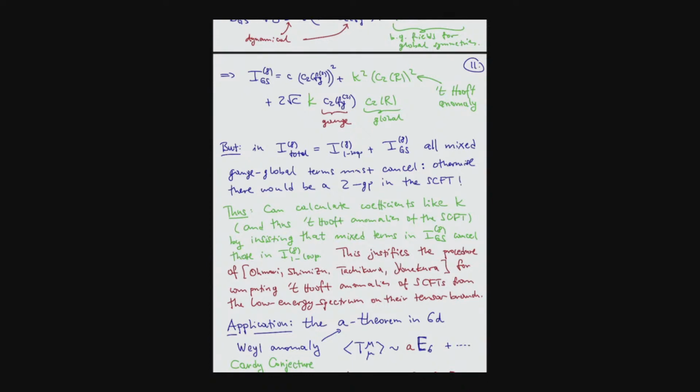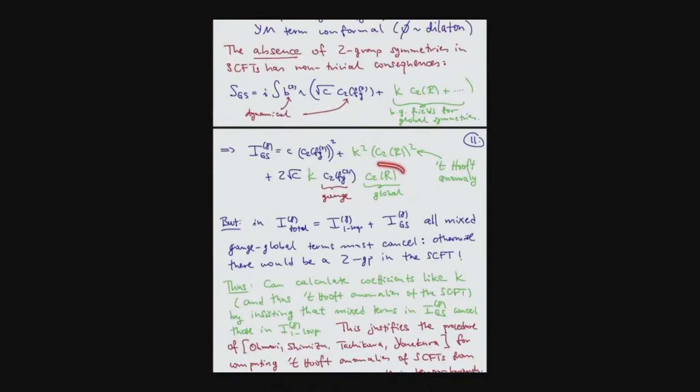And the way this happens is that this contribution to the mixing, which comes from this Green-Schwarz term, has to also cancel against one-loop diagrams coming from massless particles in the infrared. Just like the Green-Schwarz contribution had to cancel against gauge anomalies of massless particles in the infrared, this mixing, which represents potentially a non-trivial two-group, has to also cancel against massless particles in the infrared.